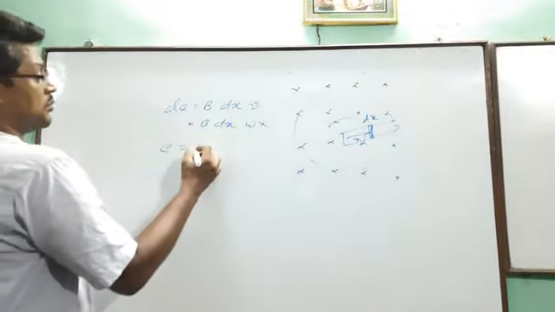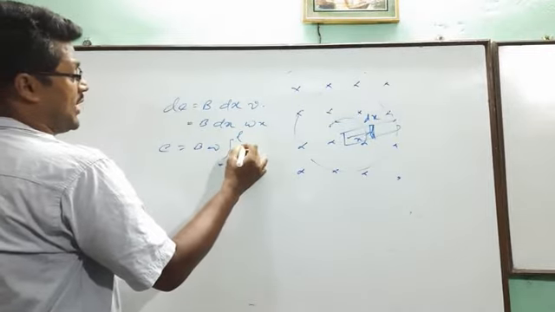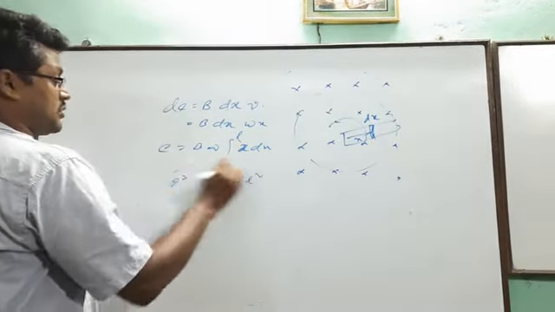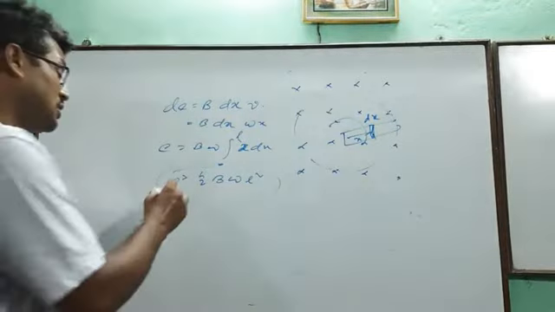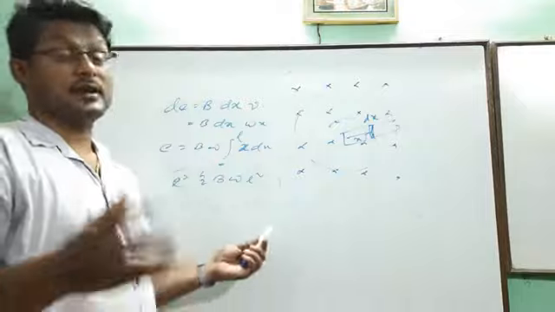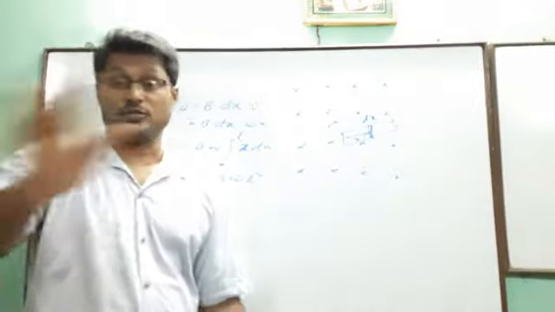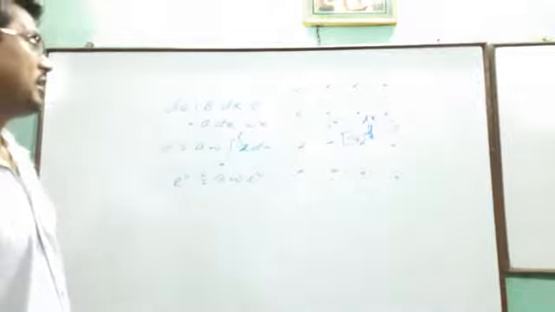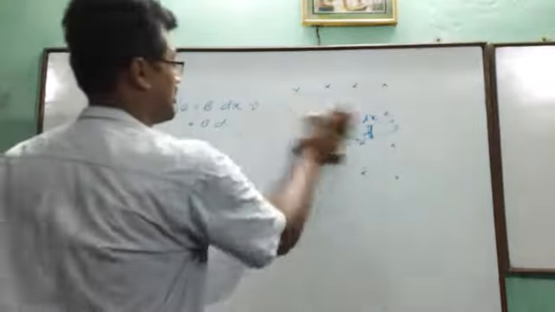So E equals B omega integral 0 to L x dx, that is half B omega L squared. So this is due to rotation of the conductor, and the previous one was linear motion. Similarly, if a coil rotates in a magnetic field, it will produce induced EMF.